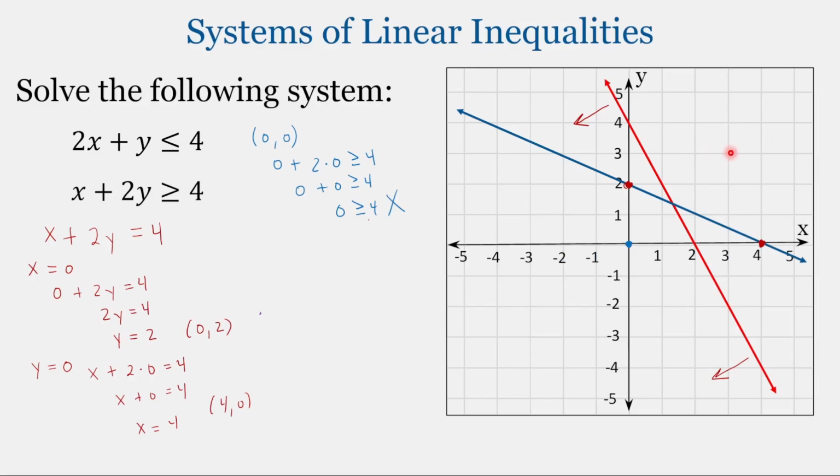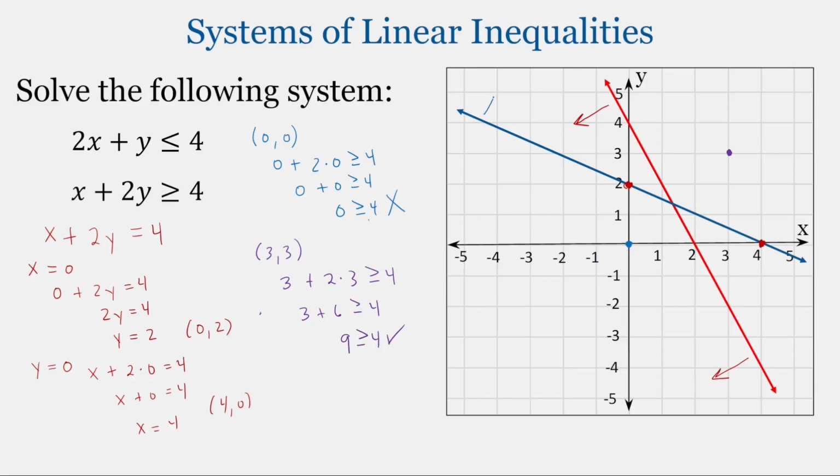Let's try 3, 3. So testing the ordered pair 3, 3, we have 3 plus 2 times 3 greater than or equal to 4. 3 plus 6 greater than or equal to 4. 9 greater than or equal to 4. And that's a true statement.